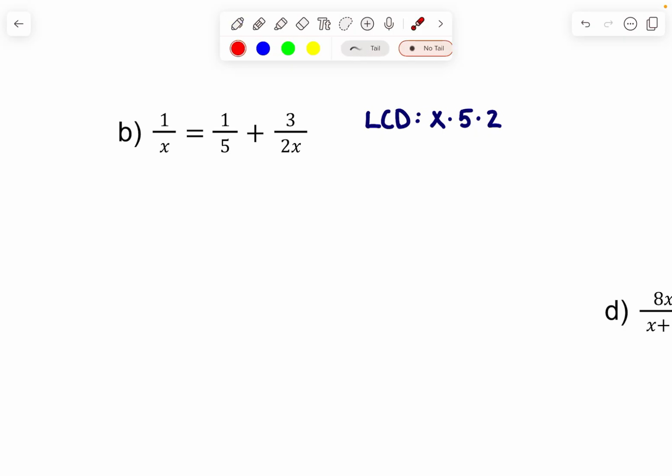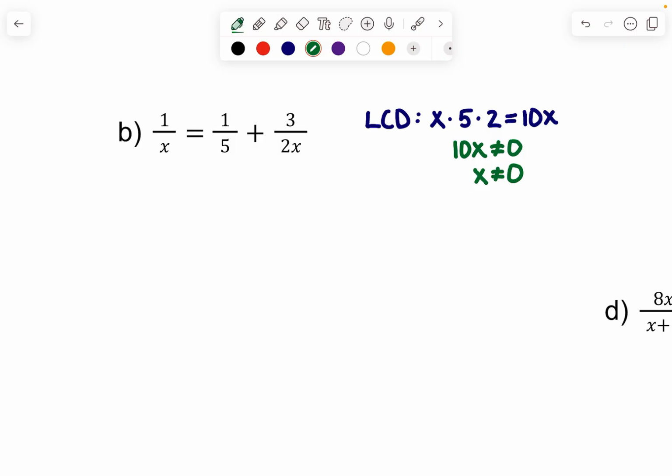We don't need to list this second x because we already have an x listed. So x times 5 times 2 equals 10x. From here, we can state our restrictions. So if 10x cannot equal 0, dividing by 10, we know that x cannot equal 0.